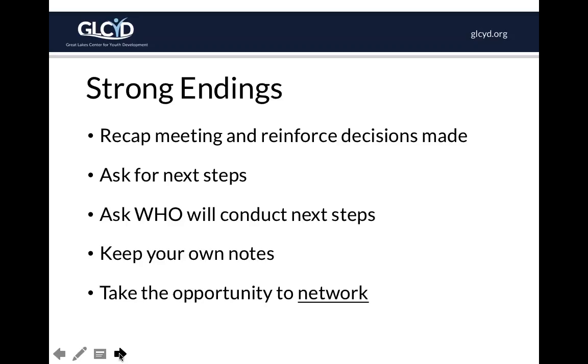So you want to ask the chair to recap, if they don't already, recap the meeting and reinforce the decisions made. I wouldn't word it in that way, saying, Mr. Chair, recap the meeting for us. But I would just say, okay, help me remember, what action did we take? What decisions did we make? What were the key themes in this meeting? And then what are the next steps?